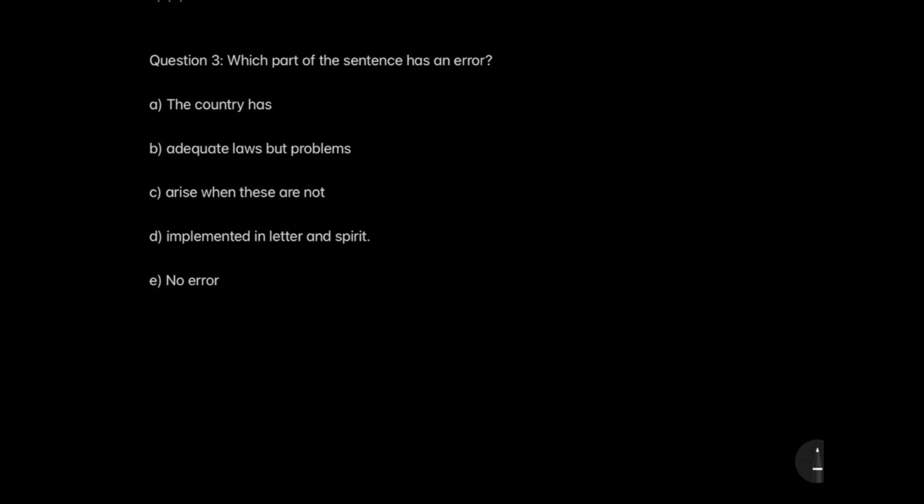Problem क्या है यहाँ पे? Problem ये है कि letter, it's the idiom is basically in letter and in spirit. Okay, in spirit, what is missing here? The missing part is in spirit over here.